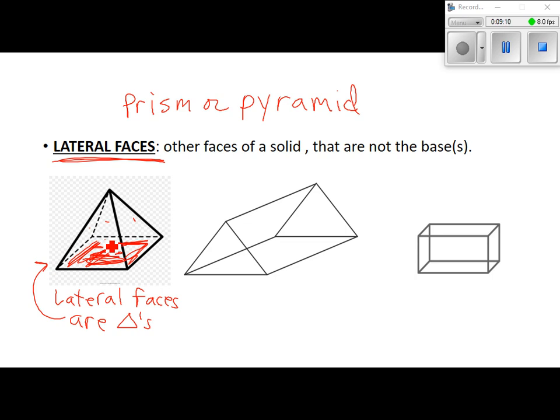In a prism, this shape is a triangular prism, and it's a triangular prism because when we look at it, remember the bases have to be the 2 congruent parallel faces. Well, the 2 congruent parallel faces are this triangle, so that's one base, and then this triangle, that's the other base.